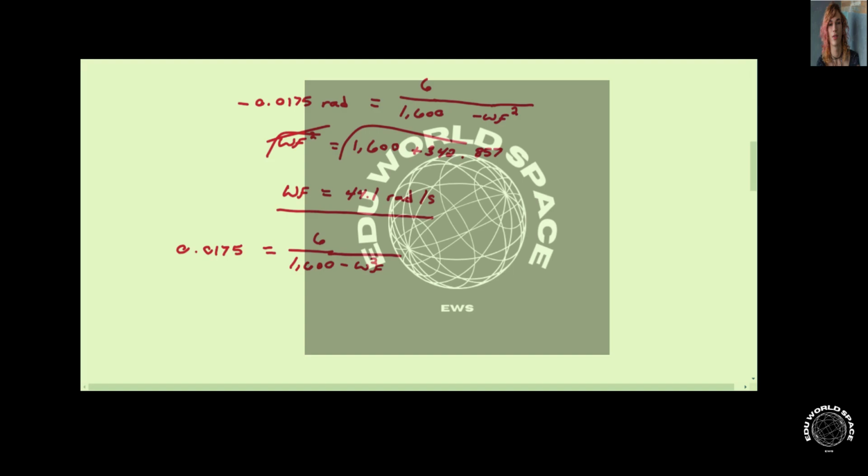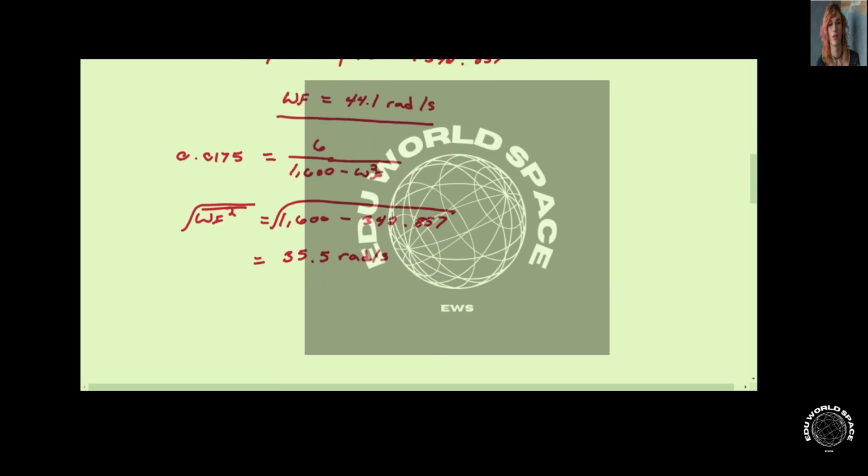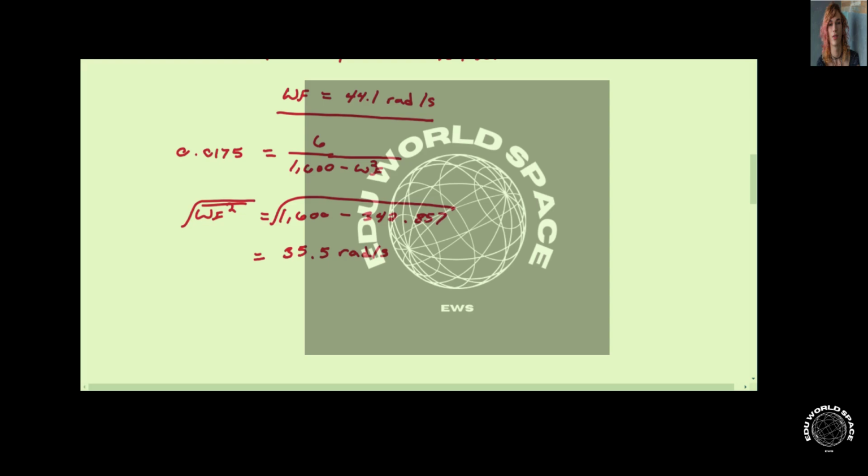Okay, so from this, what's going to change is this is going to come out 1,600 minus 342.857, square root, and we get 35.5 radians per second.